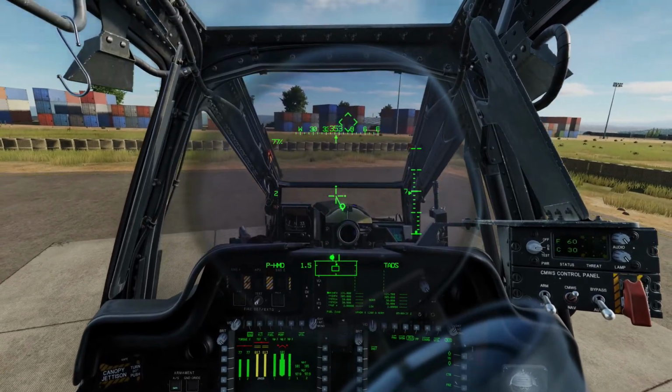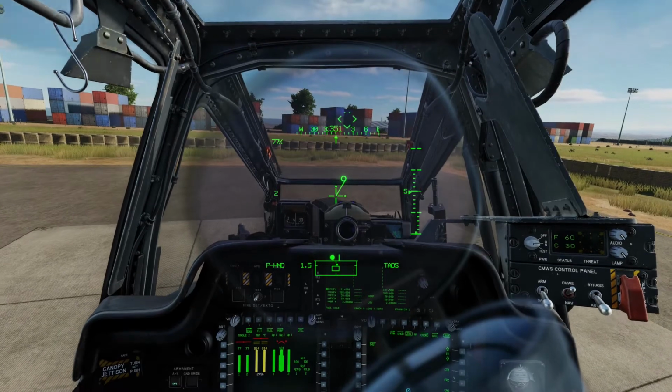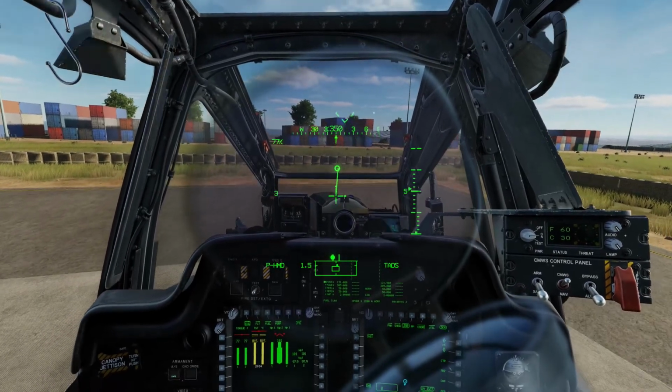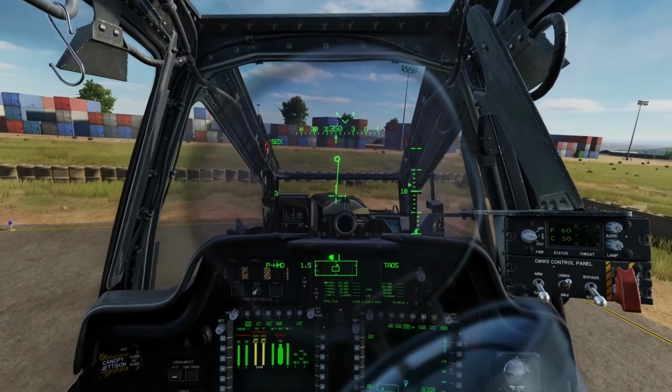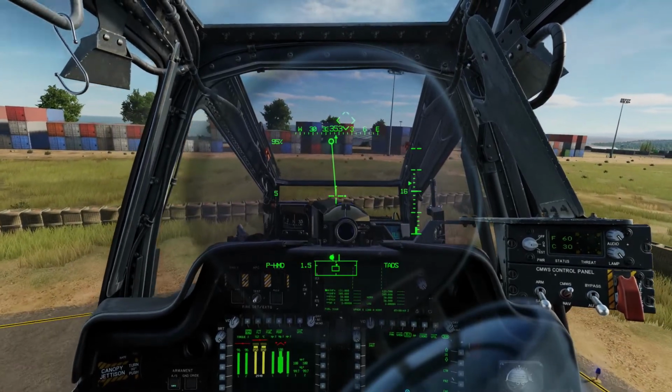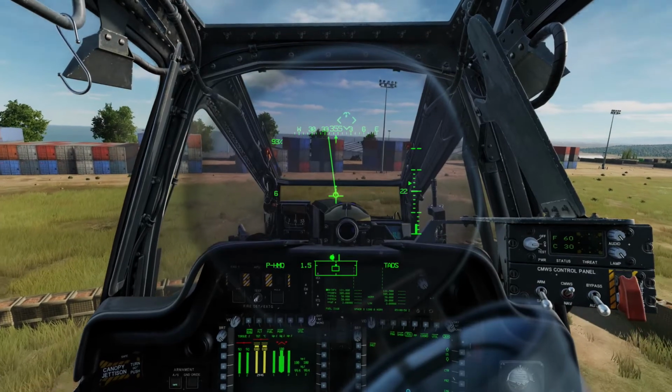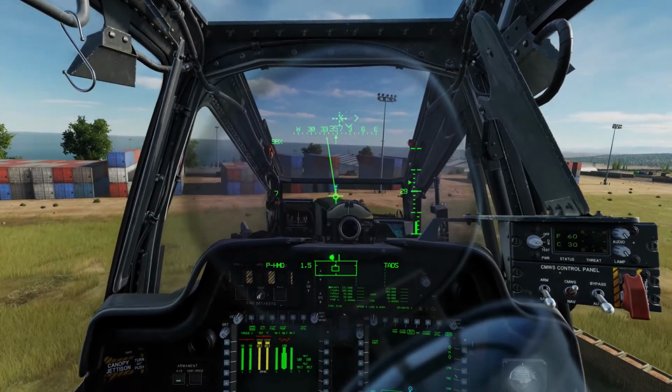As you can see, we've managed to get into a hover at about 77%. We're going to raise it, bring it up to 95. You can see we're starting to get out of ground effect. Bring it up a little higher.